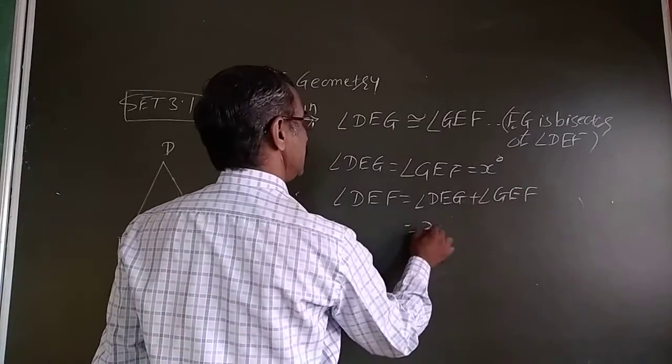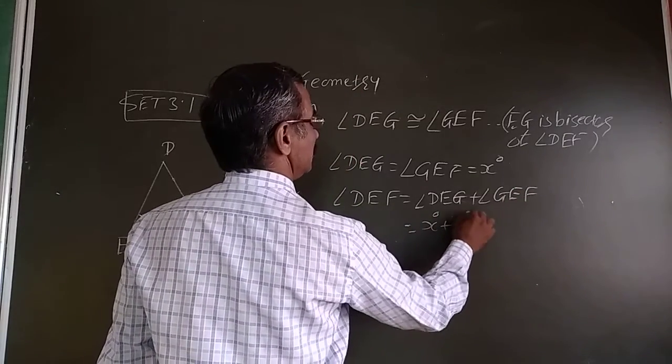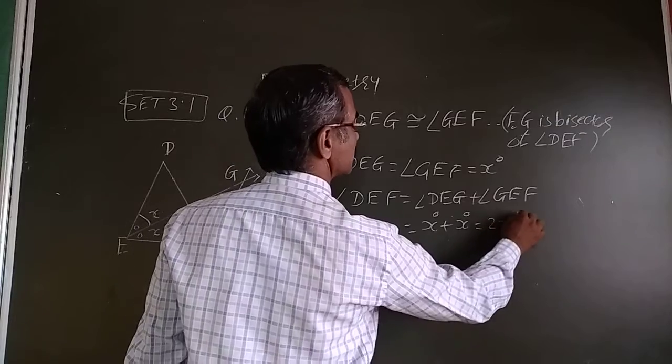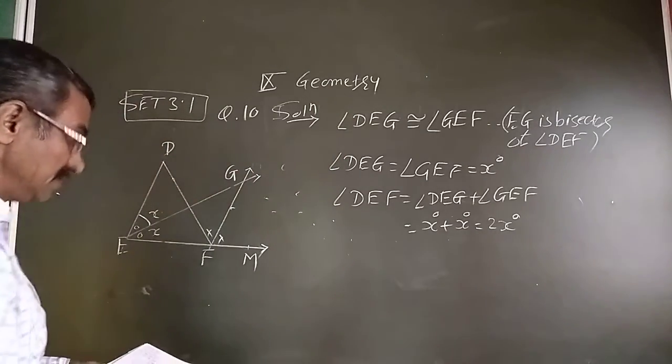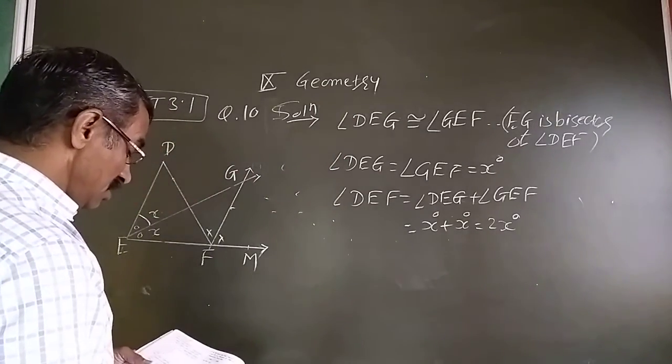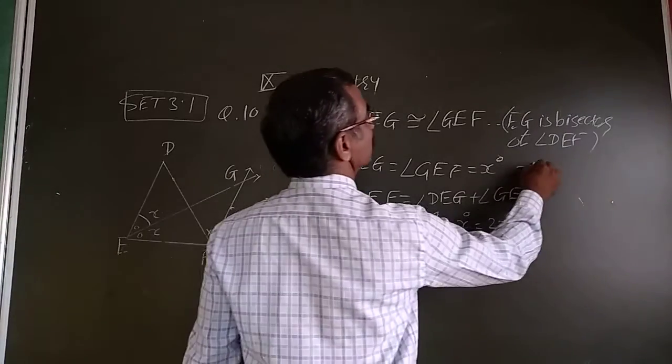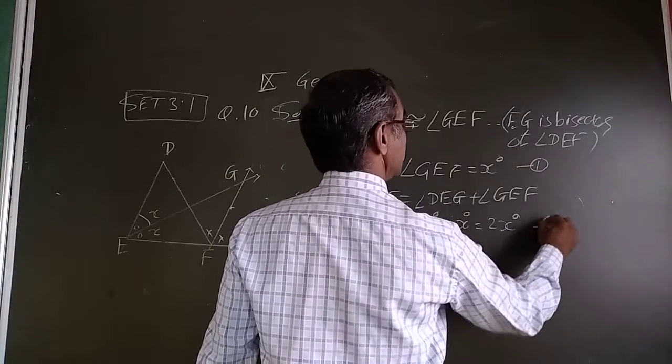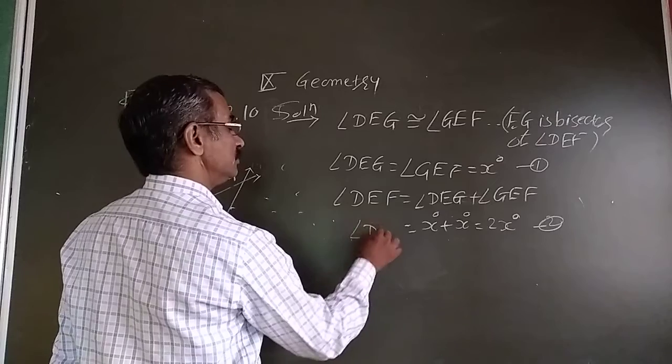Both are x degree, so x plus x is twice x degree. So this is equation number 1 and this is equation number 2.